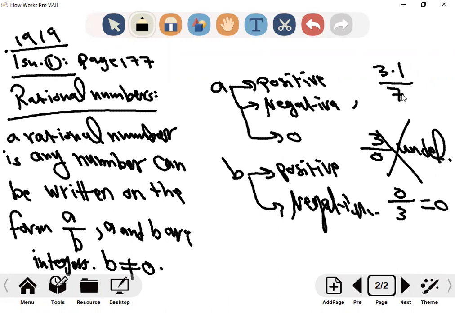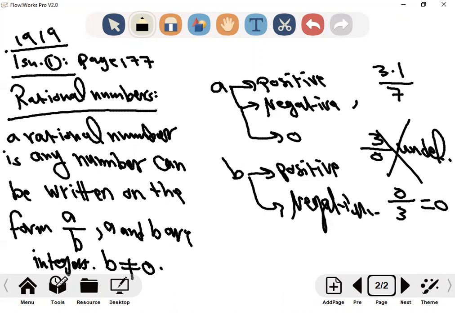It's not integer. So this 3.1 over 7 is not rational number. It's a fraction, but not rational number. The rational number A over B, A and B should be what? Integer. This number here is not integer. It's not a whole number. Positive and either negative, right? This decimal. Got it? You understand the rational number?